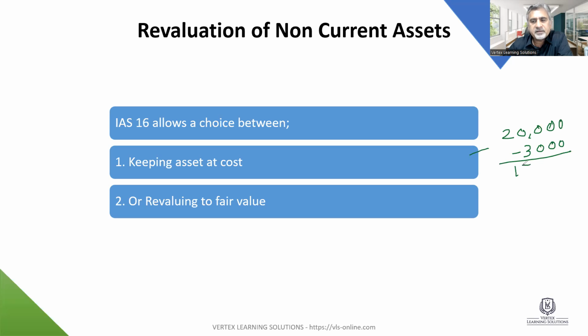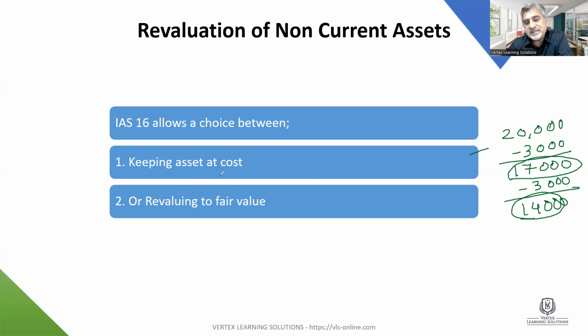So at the end of the year, the value of the asset is 17,000. For the next year, again, I charge a depreciation of 3,000, and I say that my asset is now 14,000. So this is the net book value at the end of year 2. This is the net book value at the end of year 1. This is called the cost model.